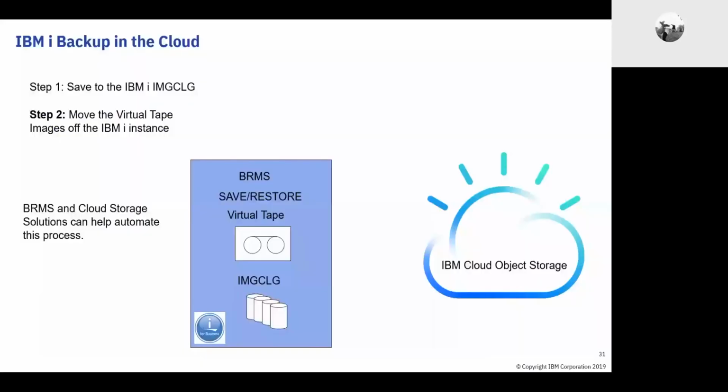But probably what I would recommend in this case is I would run the backup in the cloud into Cloud Object Storage and then download that backup from Cloud Object Storage to on-prem and restore it there.